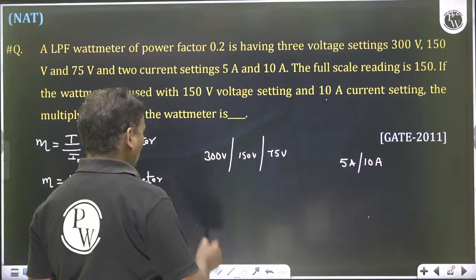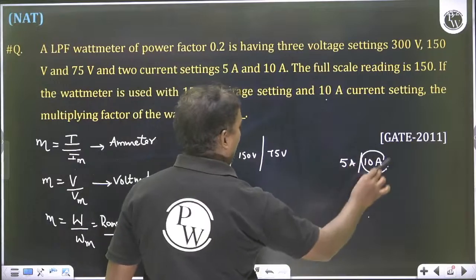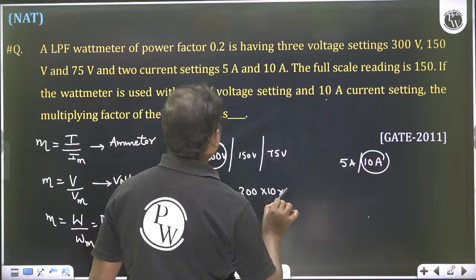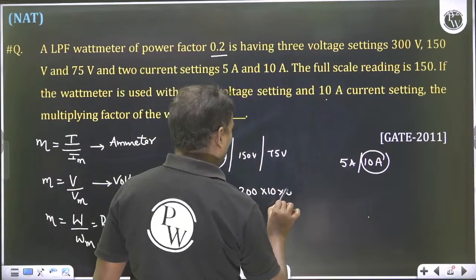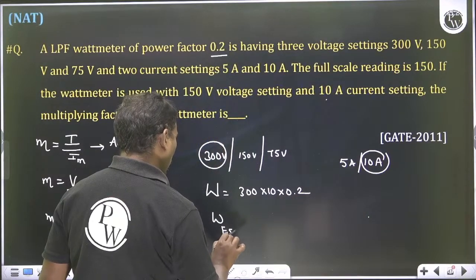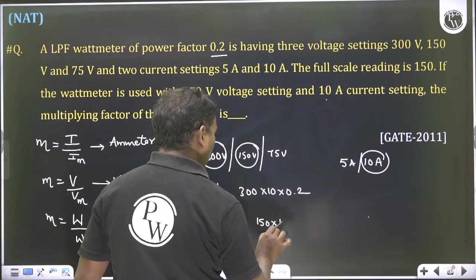If the wattmeter is used with 150 volt setting and 10 amperes current, what is the multiplying factor? W means full range, that is 300 volts and 10 amperes, so 300 into 10 into cos phi. Cos phi is 0.2. The full scale value is 150 into 10 into 0.2.